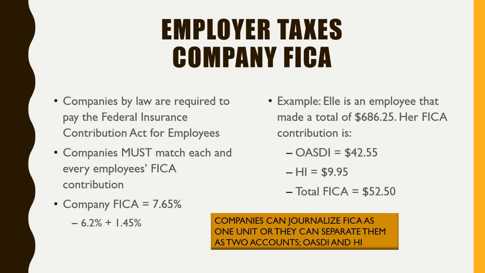So we're going to match them 100% in the exact FICA contribution that they contributed from their paycheck. In this case, we're going to gather up the total, which is going to be the 6.2% plus the 1.45%, right? We don't need to separate them. We're going to add them together so we get one total number.